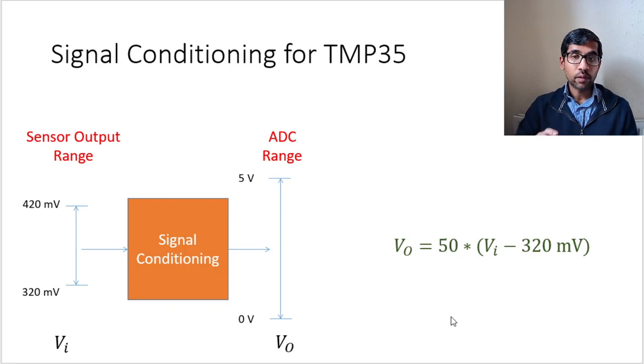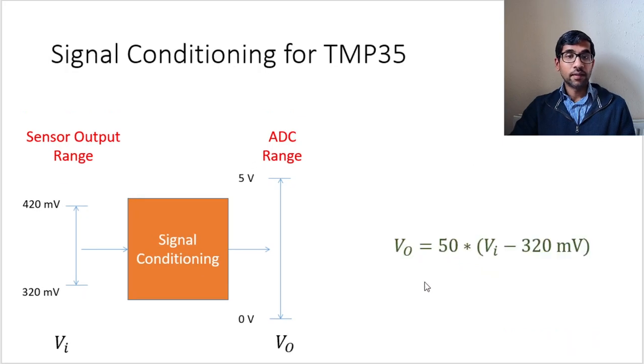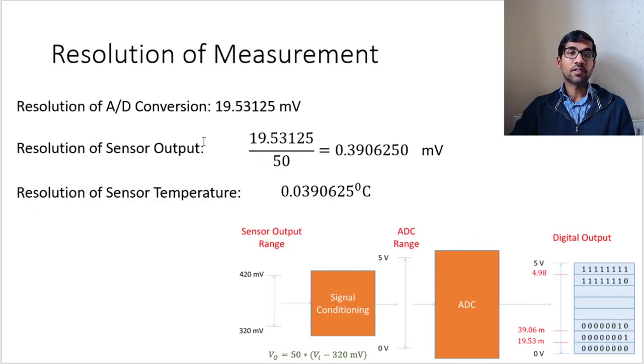Okay, now if we do this, then how does our analog to digital conversion and the entire conversion of temperature look like? So we've done this as we saw already. Okay, I'm just repeating the slides. So if we try to measure the resolution of temperature measurement now, what does it look like?